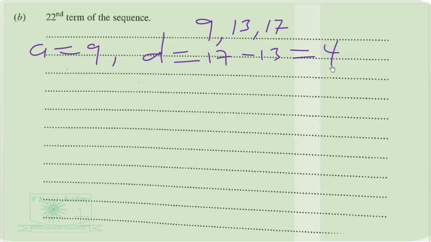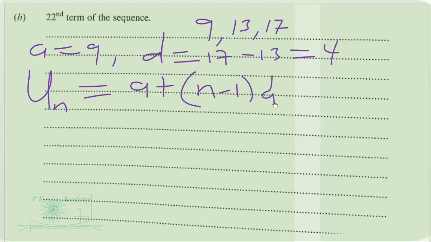So to find the 22nd term, recall that u subscript n is equal to the first term plus n minus 1 times d. So n is equal to 22. We have the a, we have the d.